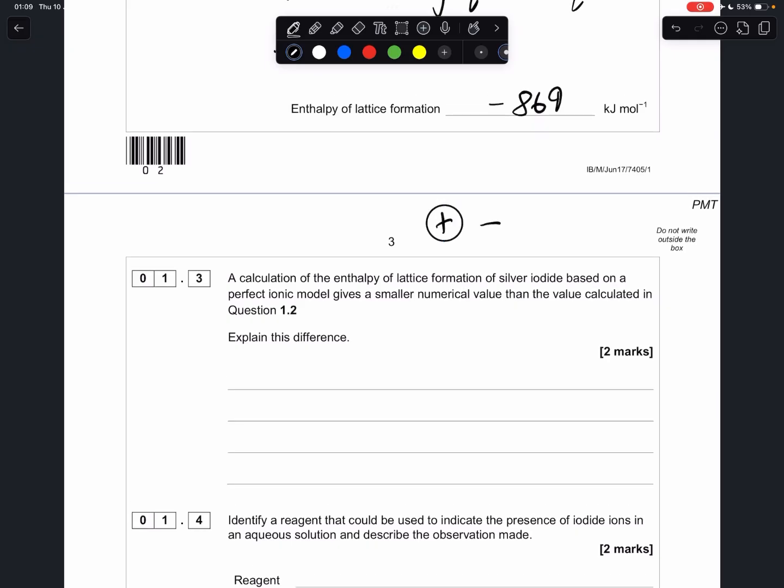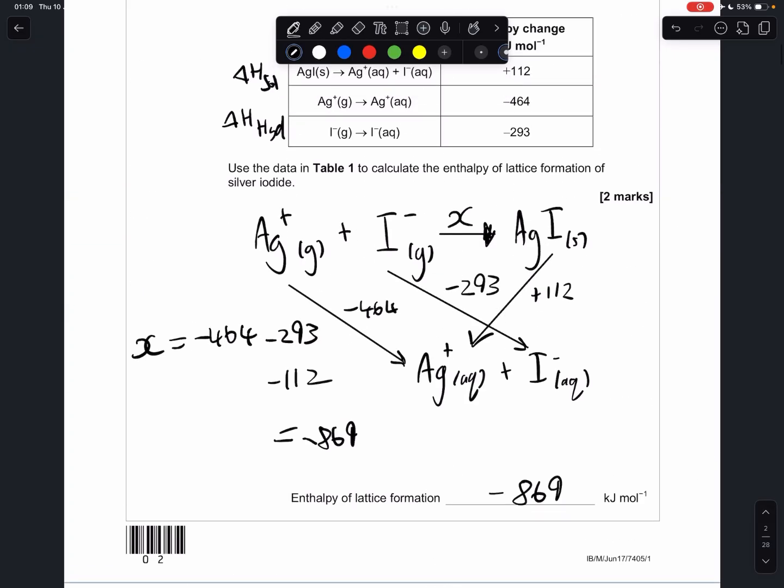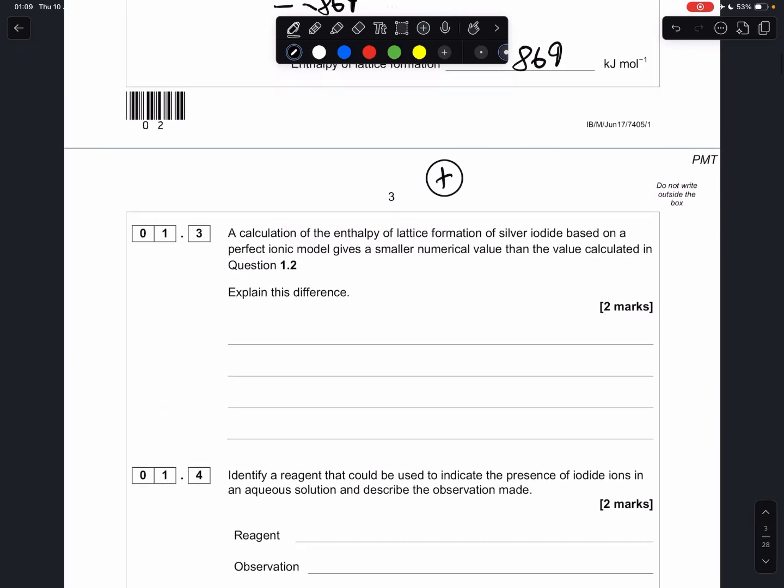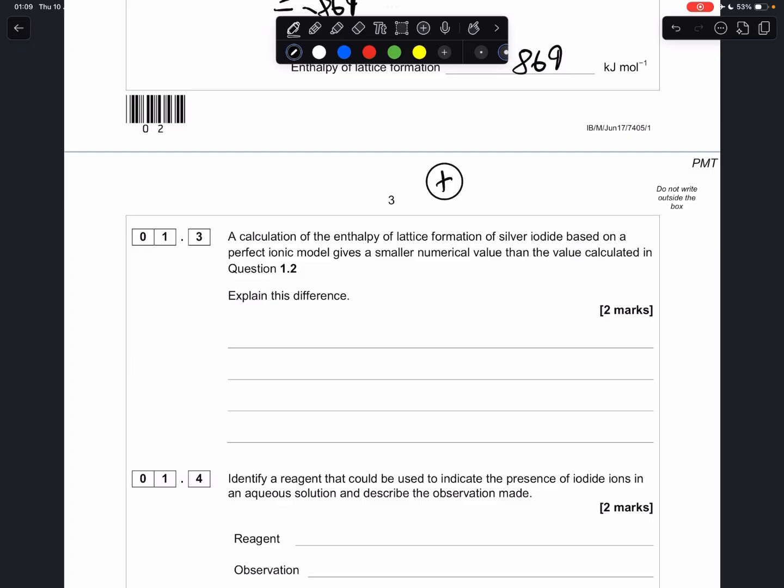You have your ions, and they're arranged pretty perfectly like that. There's not really any polarization. Whereas when we have covalent character, what happens is this cation here, the metal ion, is very polarizing. It has a high charge density. For example, this happens with silver, as we see. Silver tends to be quite polarizing. So what happens is it distorts the electron cloud.